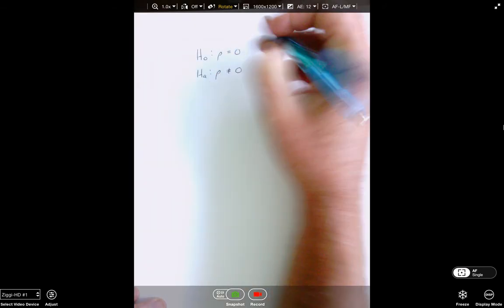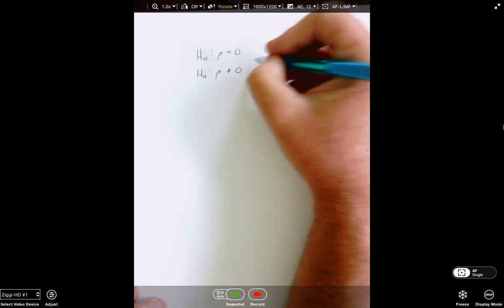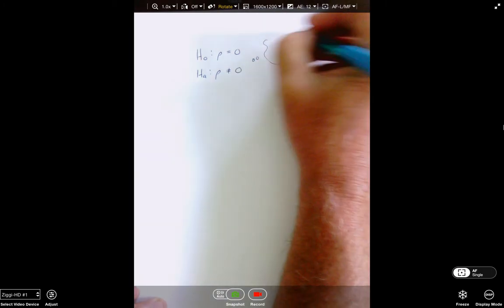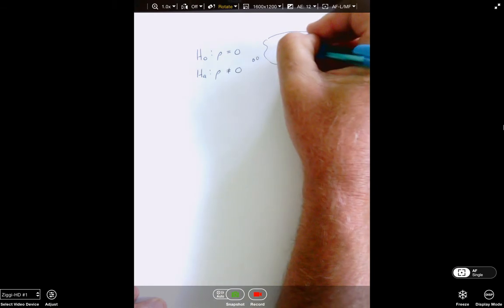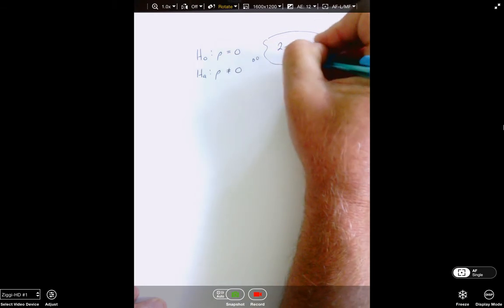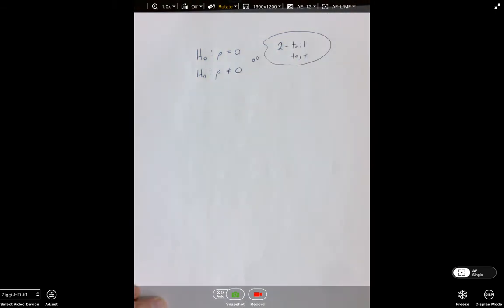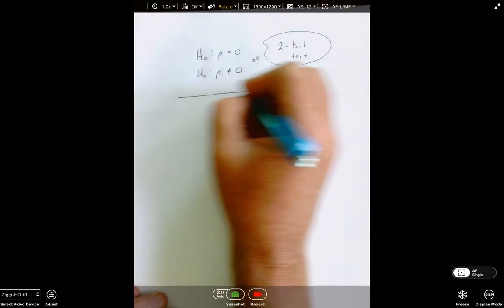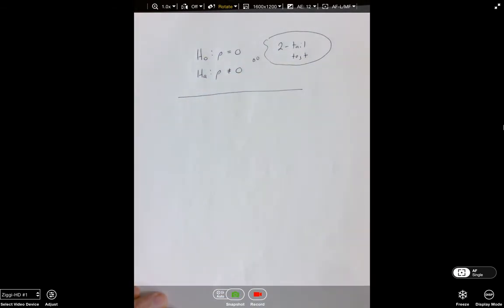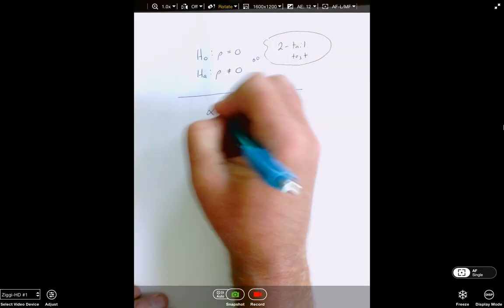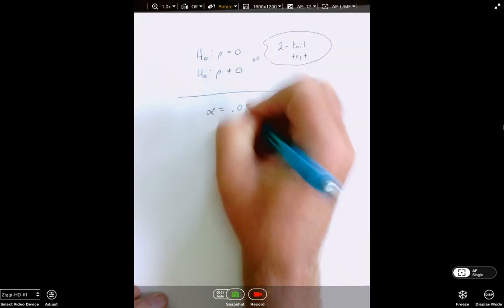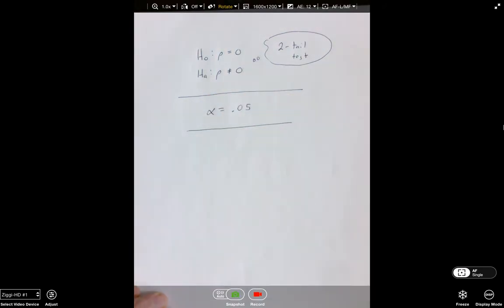This not equal to right here tells us we have a two-tailed test. Next thing we need to do is set alpha. If it's not given, use the default 0.05.